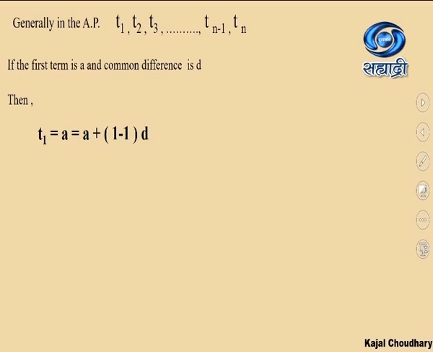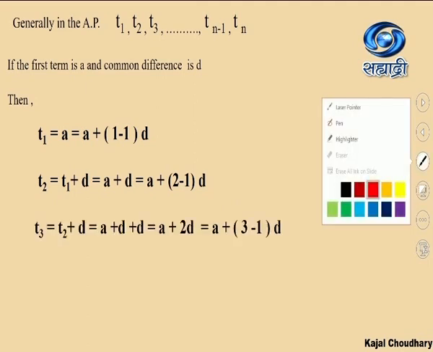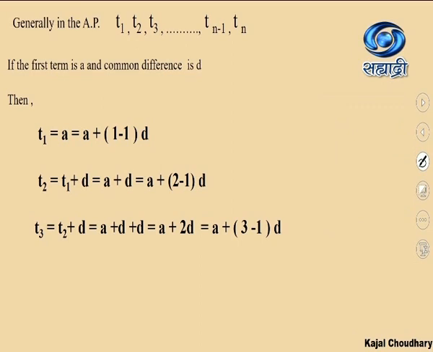Therefore, the first term does not have any D. Second, if you check, is A plus D, which is 2 minus 1. Third is this. Now, observe this carefully. Just check what is the value of n here and what is this here. See, A is constant, minus 1, minus 1, minus 1 is appearing in every term, but this value is changing.